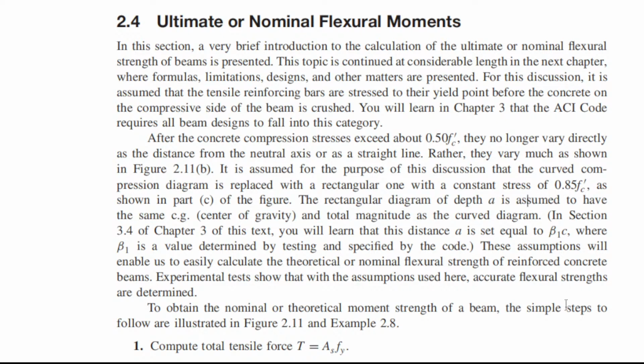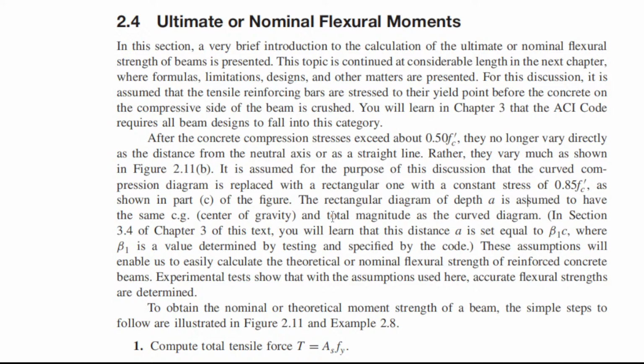So instead of the actual stress, we are going to use a constant value. This is constant because f'c is constant times another constant 0.85, so the resulting product is constant. This is 0.85 f'c, as shown in part c of the figure.